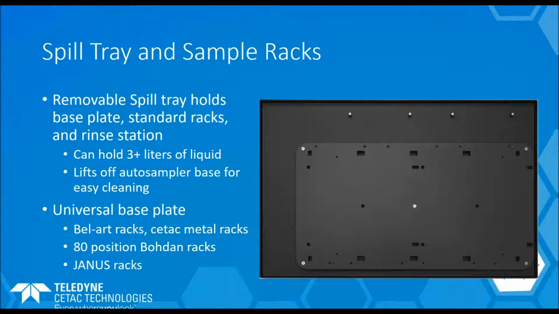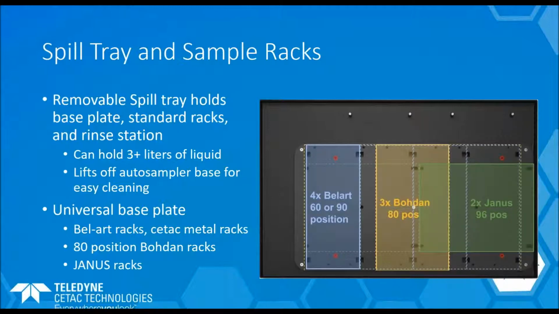Eventually something will get spilled, we'll knock over a tube or drop a standard vial or overflow the rinse station. And we've tried to prepare for that so that you can quickly remove it from the autosampler, pour it into the waste, and then wipe this down, put it back on, and get back to work.